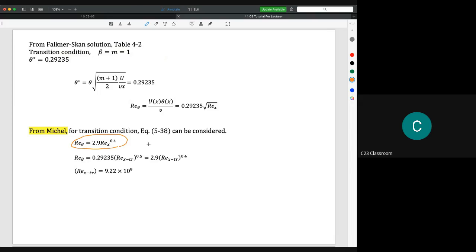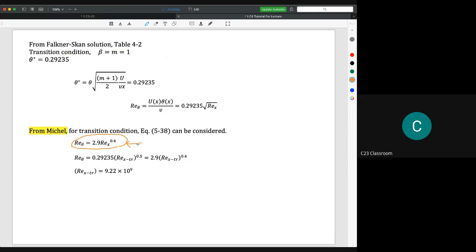So they got this equation by plotting their experiment, and almost all of them are using the idea of curve fitting. It means they conduct the experiment, and then they try to get the equation from the experimental data that they have. For Michel, he proposed this equation.